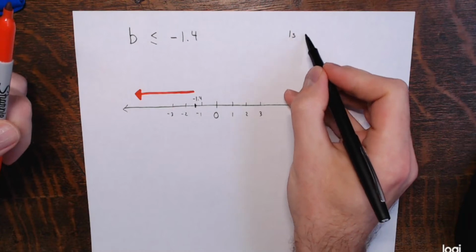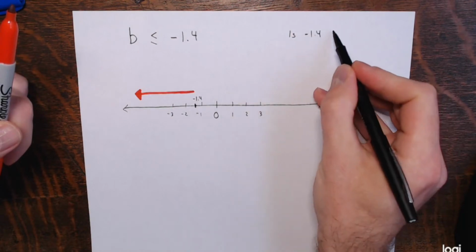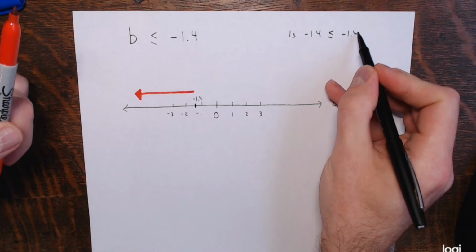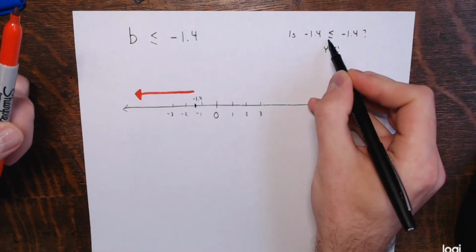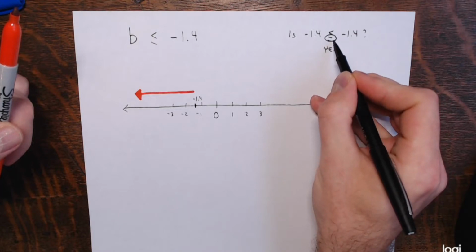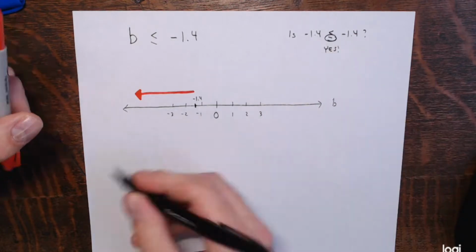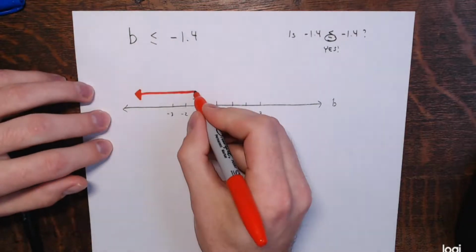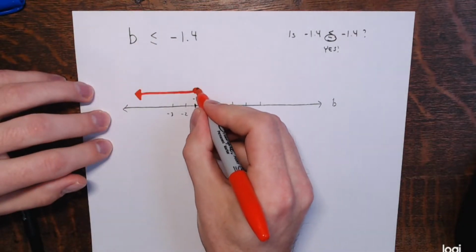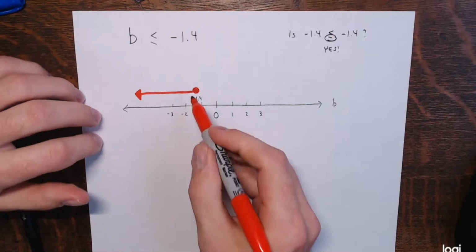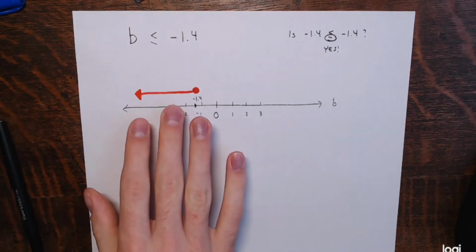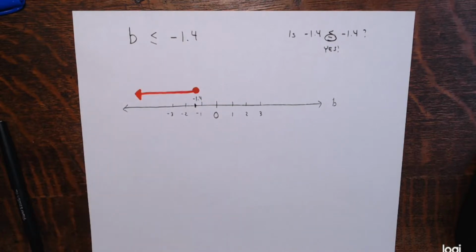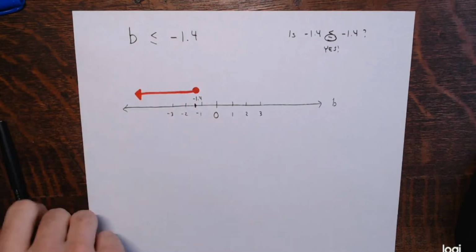Is -1.4 less than or equal to -1.4? And the answer this time is yes, because of the or equal to part, right? Because they are equal, it satisfies this inequality. So I put a closed point, a solid point above -1.4. And there's a picture of all the solutions of this inequality, right? A picture of all the numbers I can replace b with and make this a true statement.